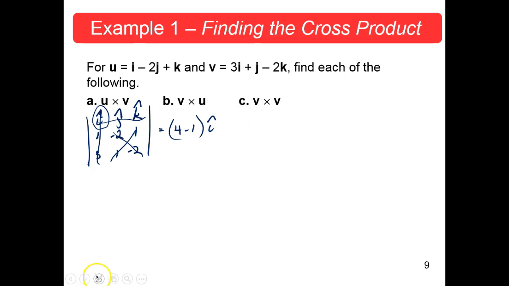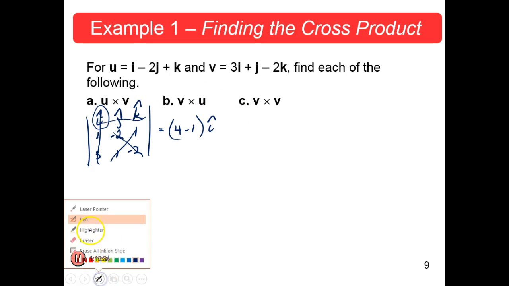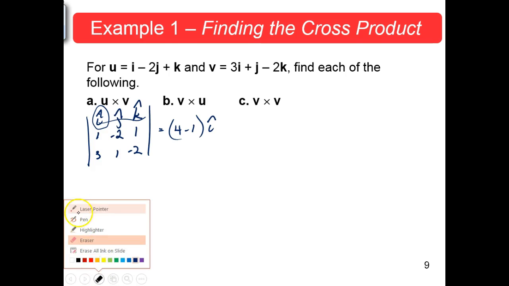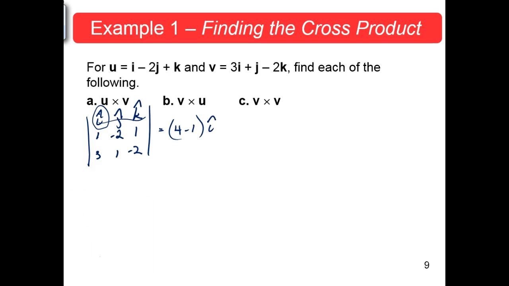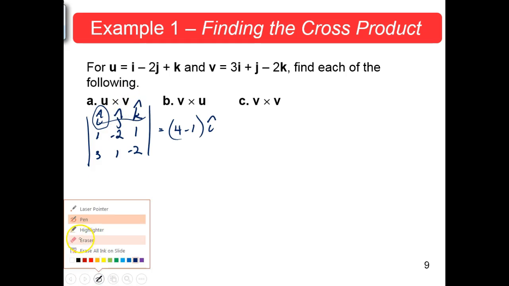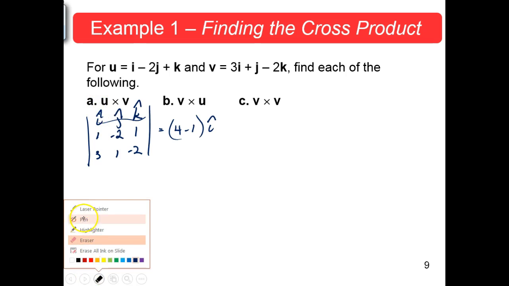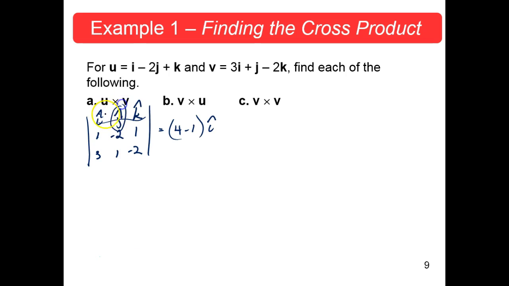Okay. Now, what I'm going to do is wipe out that and those. Okay. Which one do you want to do next? J. Okay, and let me wipe out this one too, so we don't need the circle anymore. All right. Now we're going to do J. So what else do we wipe out?